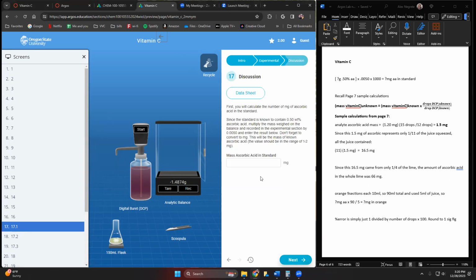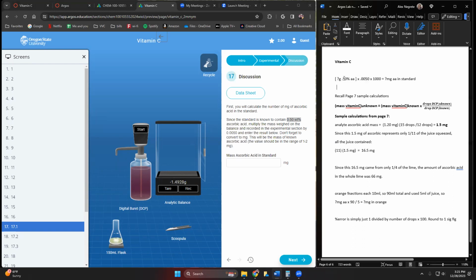Just want to get over to our calculations. So for the calculations, this is a percentage, right? 0.50 weight percent. So we need that in decimal notation, which is going to be 0.0050, not 0.5, because this is a percentage which is less than 1%, and that's going to be 0.0050.